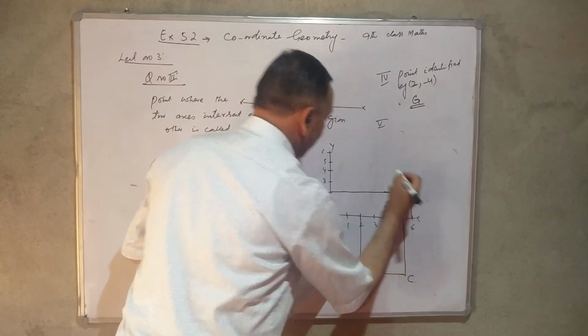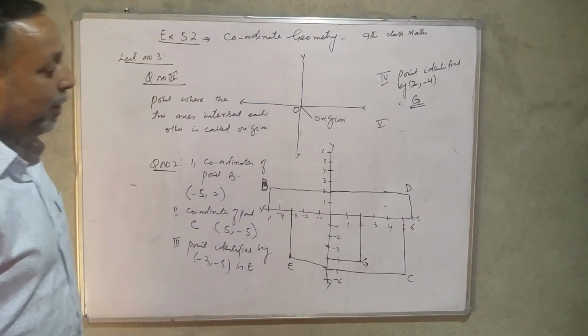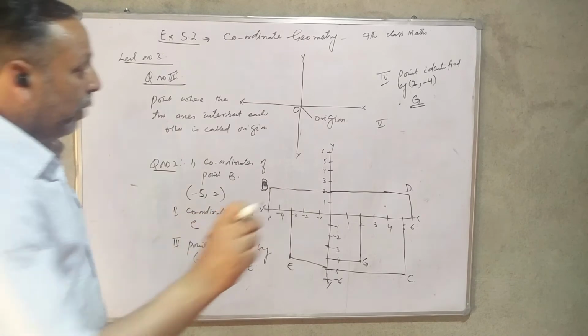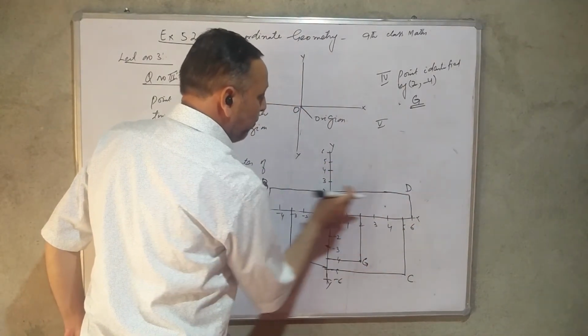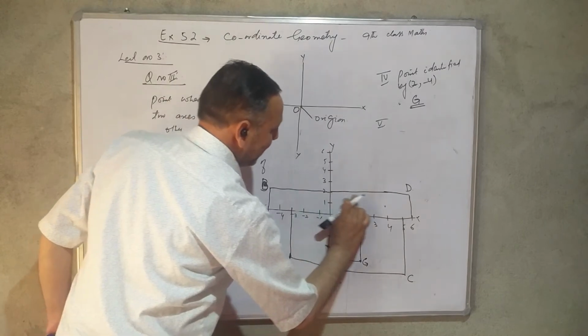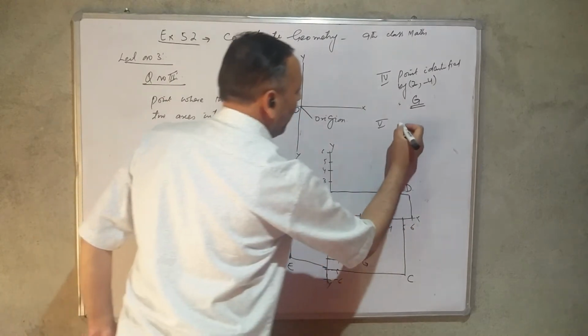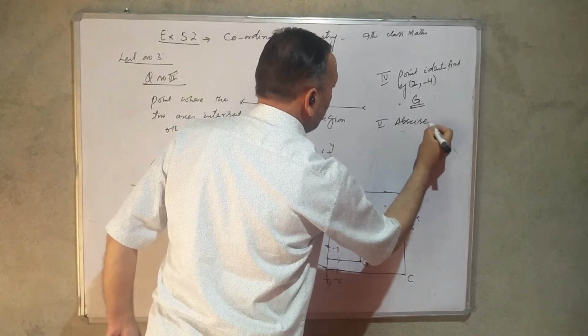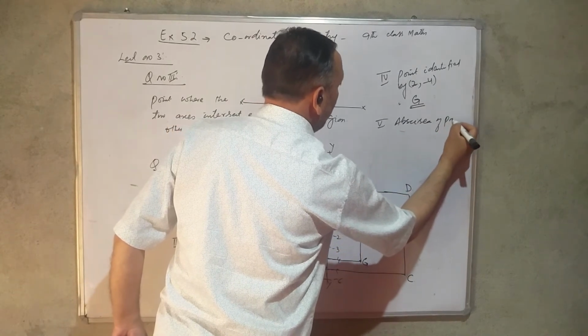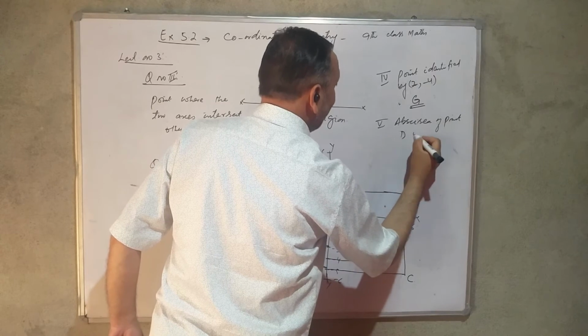If you remember the definition of abscissa, it is the distance of a point from the y-axis. This distance is 6. So the abscissa of point D is 6.